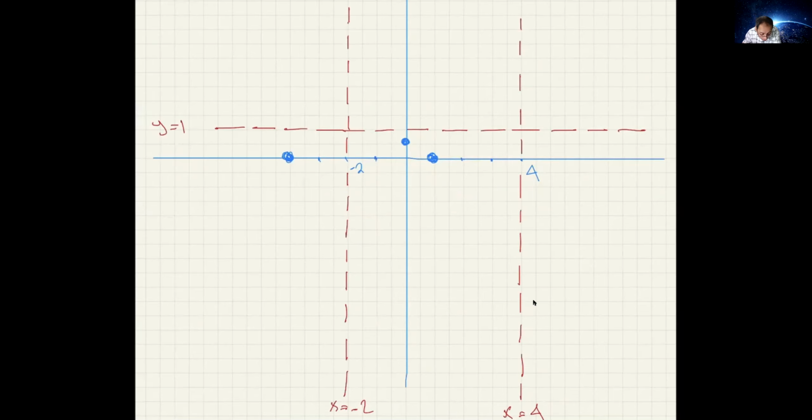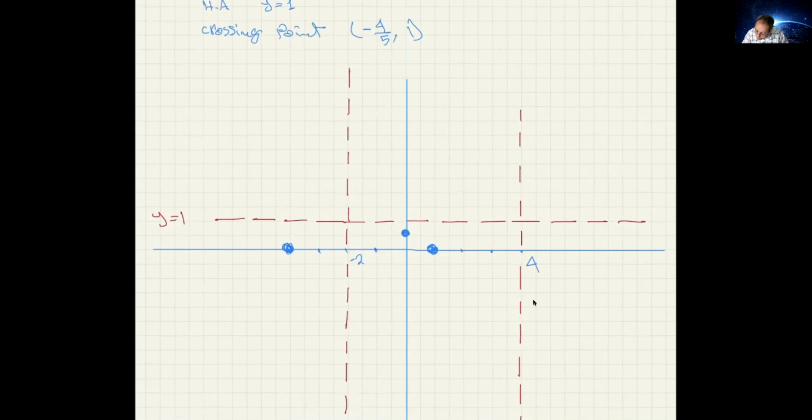Okay, so the next step is to follow the test and then graph the function. So obviously the function, if you see here, has 3 parts: number 1, number 2, and number 3.